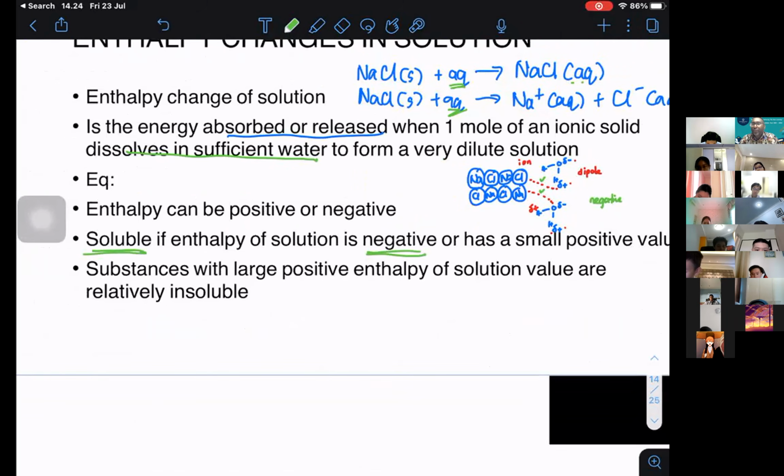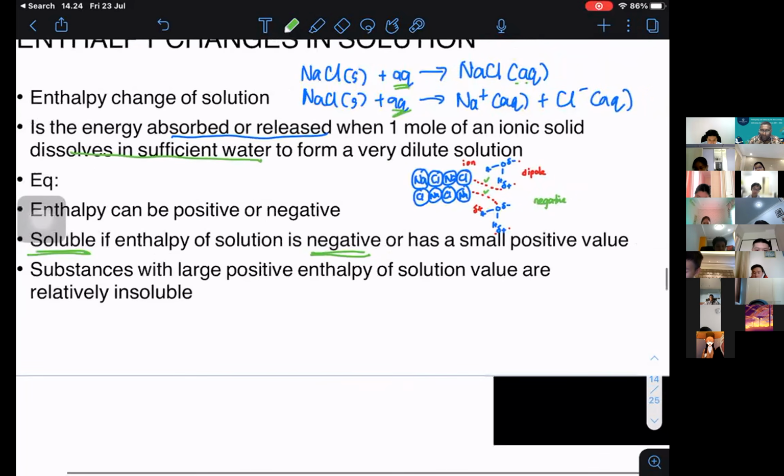bond forming with water. And if you have a small positive value, what is a small positive value? Maybe positive 4, positive 3. It's considered to be a small positive value. That is also, we can say, soluble.